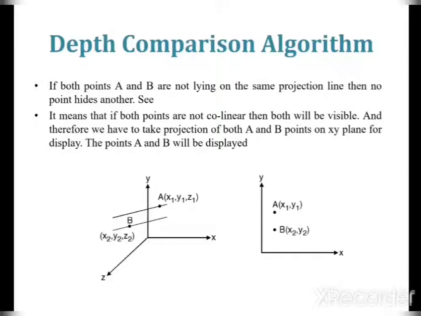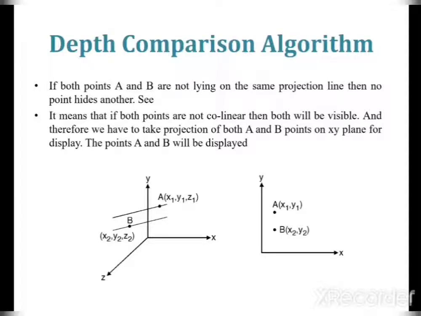We can see they are not on the same projection line, so no point will hide the other point. It means that if both points are not collinear, then both will be visible. If they are not lying on the same line, then both points will be visible, and therefore we have to take the position of both A and B on the xy plane to display.